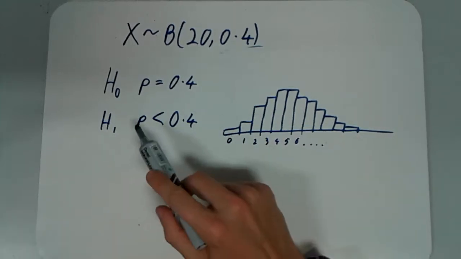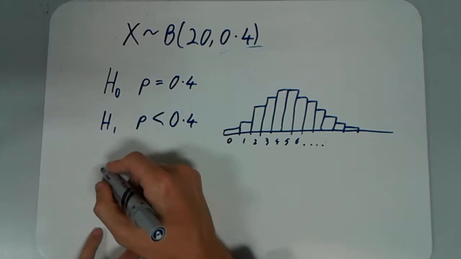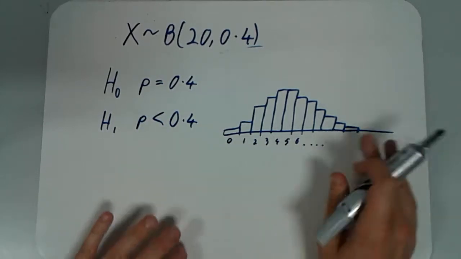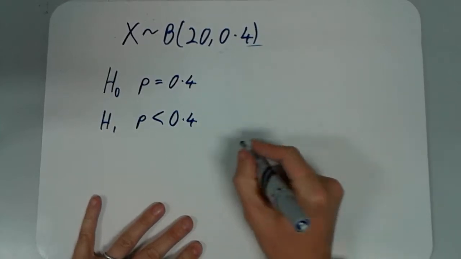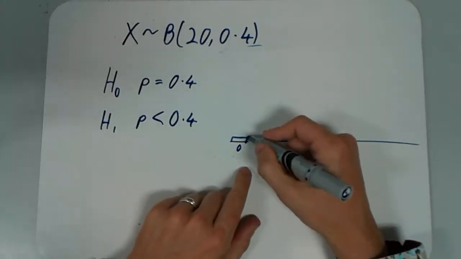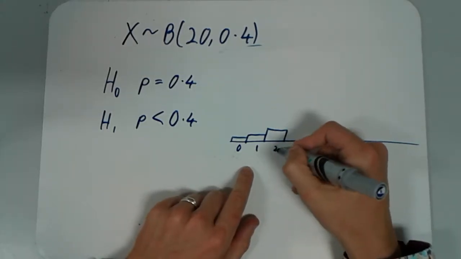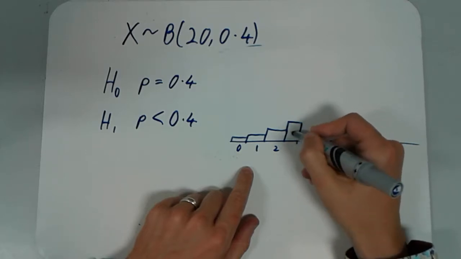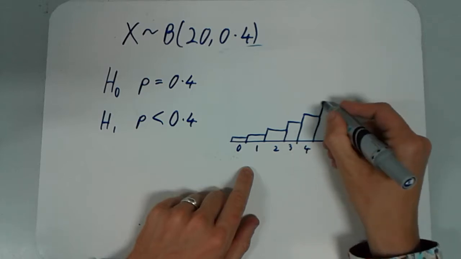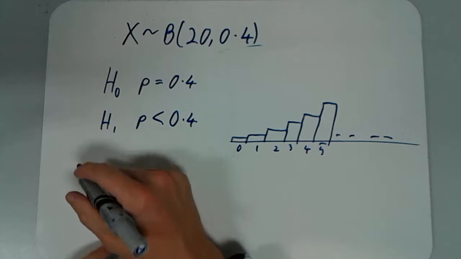Okay, so what are we actually trying to find here? Well, let's say that when we actually plant our 20 seeds, we only get 3 germinate. So if we just draw a section of that probability distribution, we'll have the probability of 0 successes, 1, 2, 3, 4, 5, and so on, getting larger and larger.